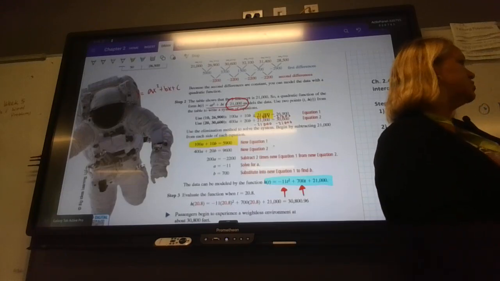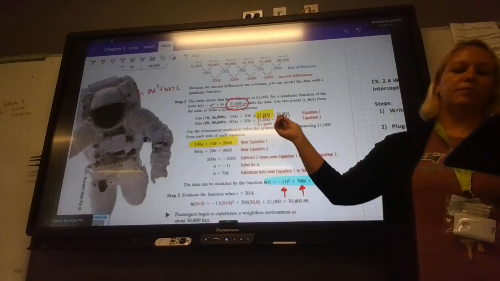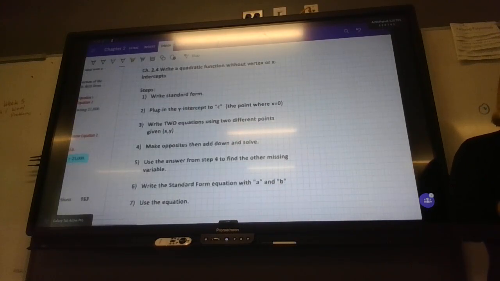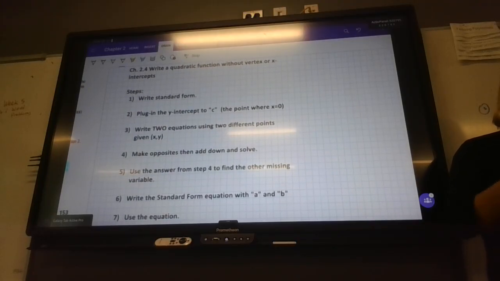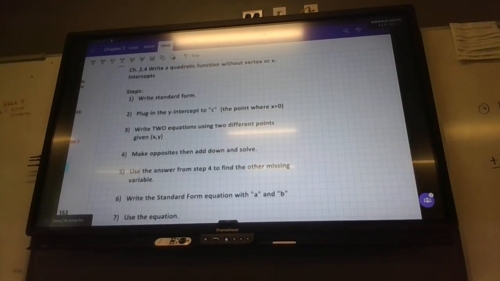You saw this in Algebra 1. Here, that is what we're doing, but we have to set it up. It's a little more complicated to write it. Here are the steps for writing them. This is how you write a quadratic function if you're not given a vertex or an intercept. So we did this already if they gave you a vertex.